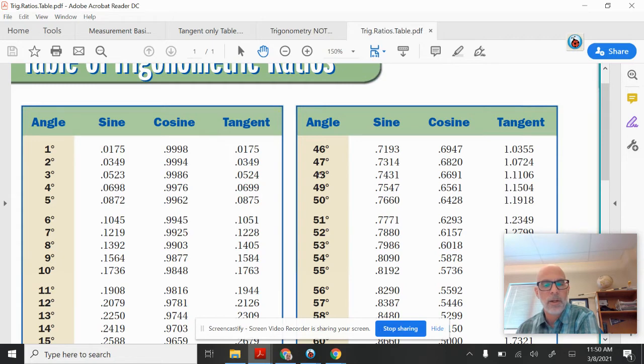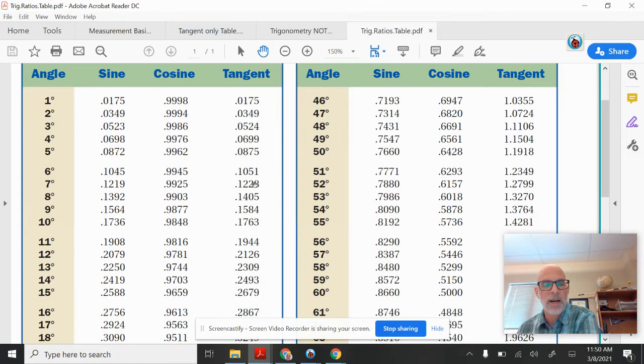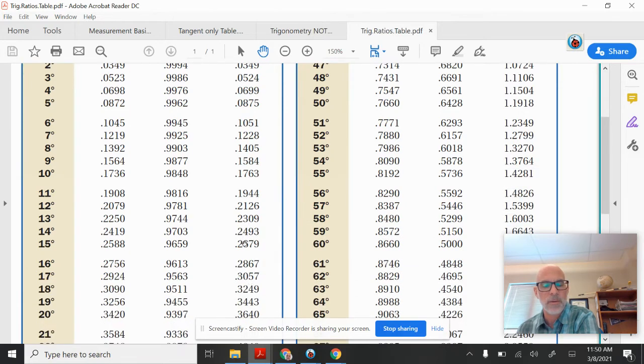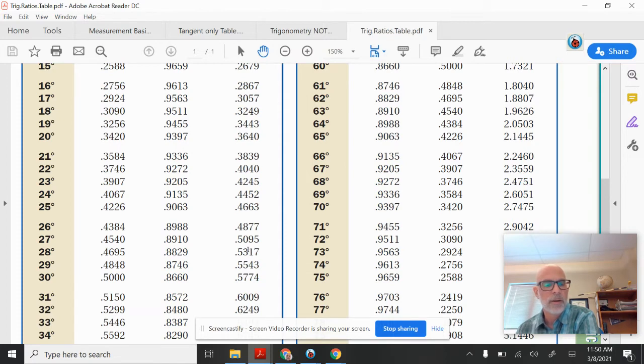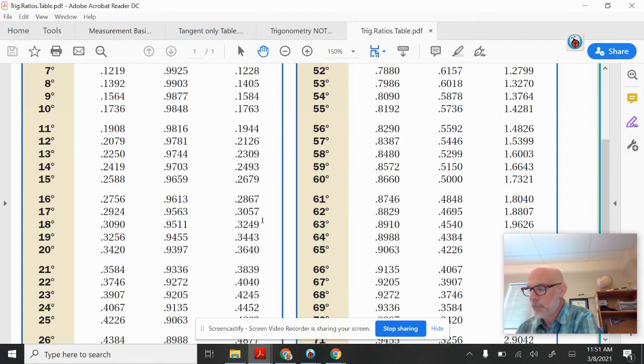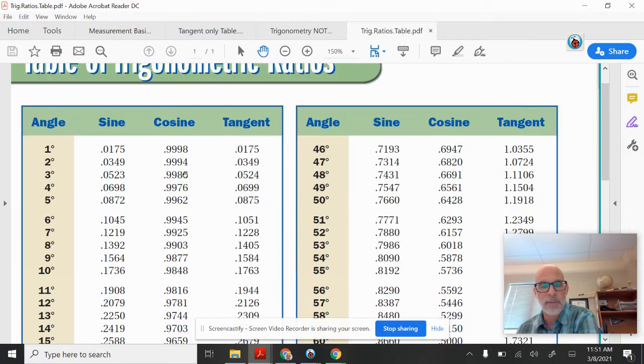All right, you had to look up your angle and you would know the ratio. This is the ratio for opposite and hypotenuse, adjacent and hypotenuse, opposite and adjacent. So the one we looked up, I only showed you the tangent ratios, okay, which is this column right here for every one. But now we do have some that are for sine and cosine. And again, it is a lot easier just to type this in the calculator.